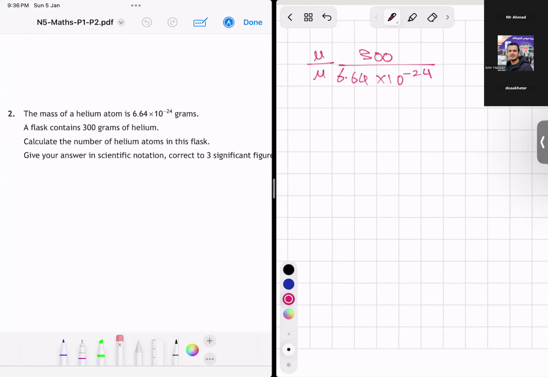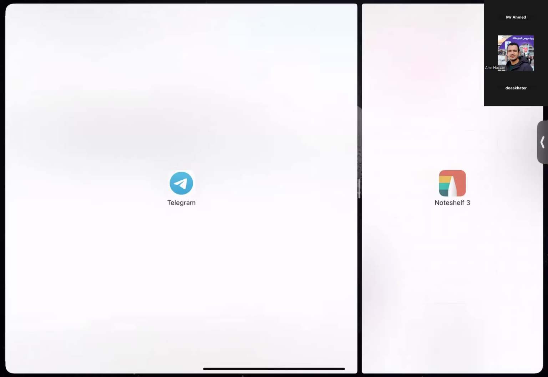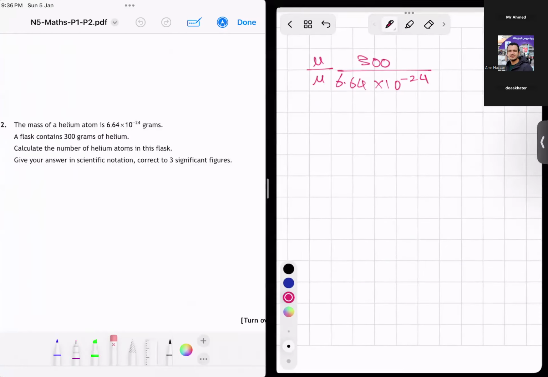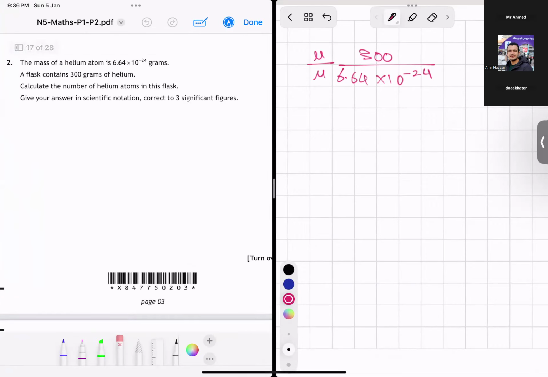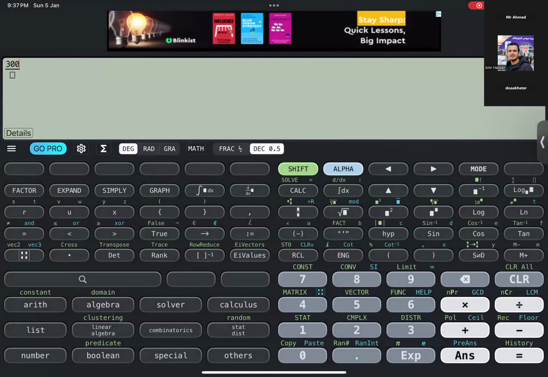So what is the answer? We'll see. What is your answer? 300 divided by 6.64.